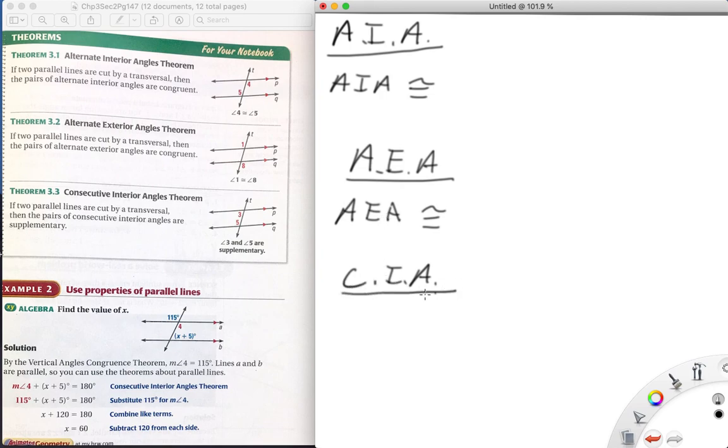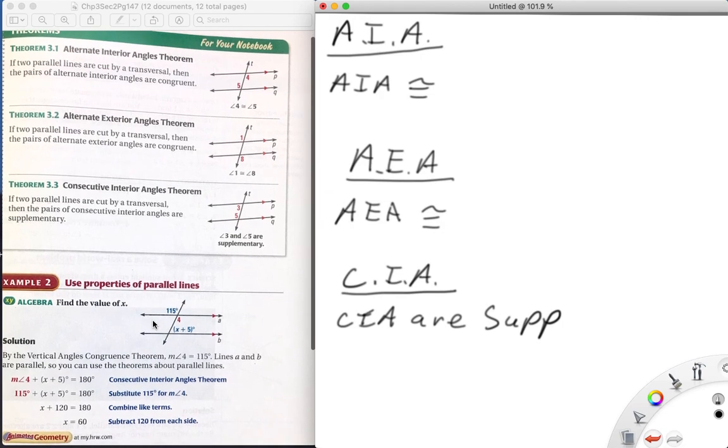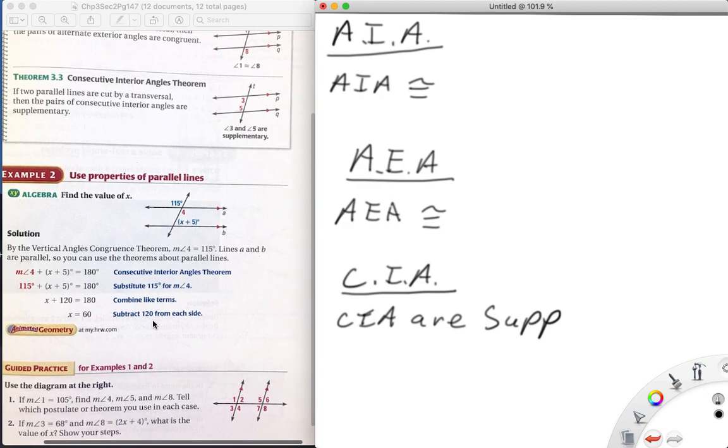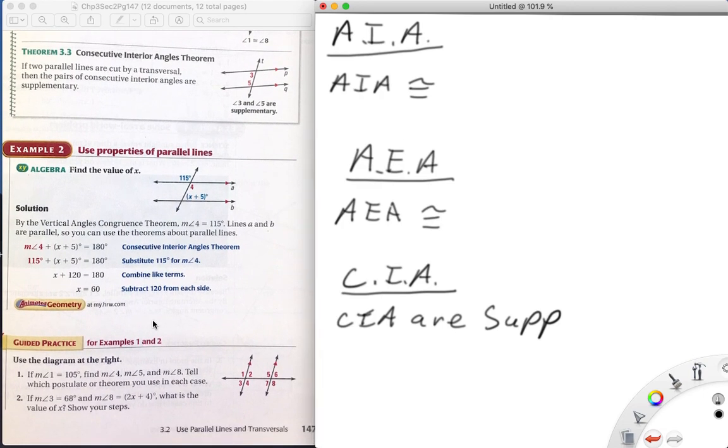Consecutive interior angles say that if two lines are cut by a transversal, then pairs of consecutive interior angles are supplementary. I'm shorthanding it. I would recommend that you guys write down the full definition of the theorems.